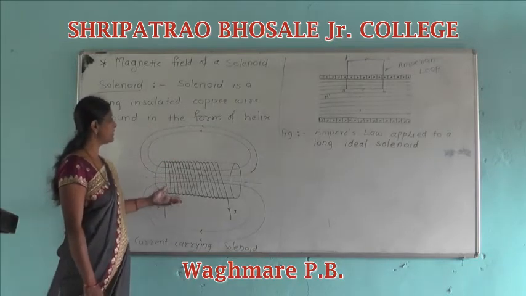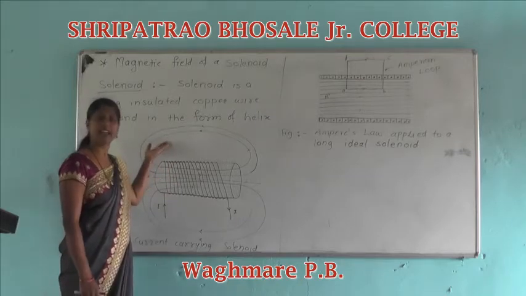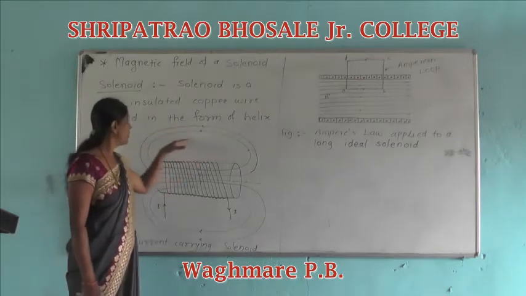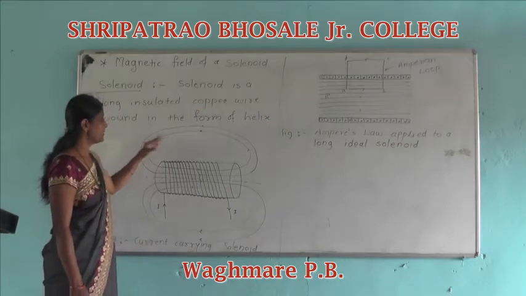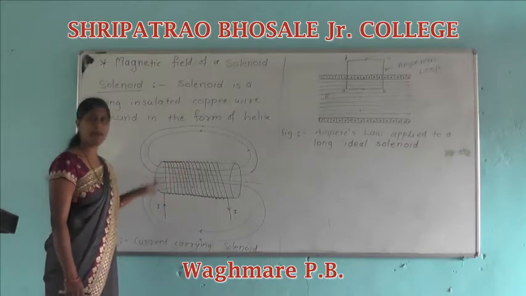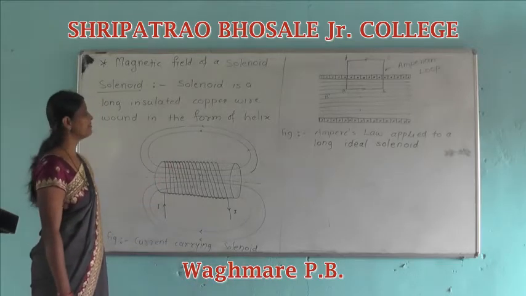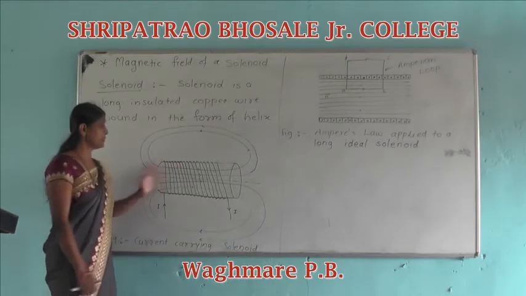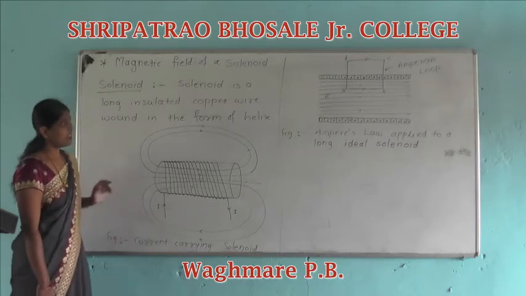From this figure we can say that the magnetic field lines are widely spaced outside the solenoid, whereas inside the solenoid the magnetic lines of force are parallel. Therefore, the strength of the magnetic field is also maximum inside the solenoid.